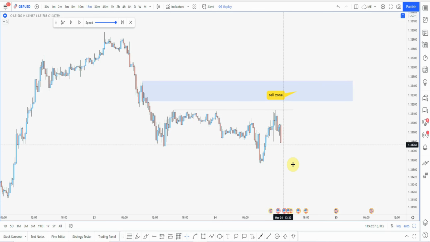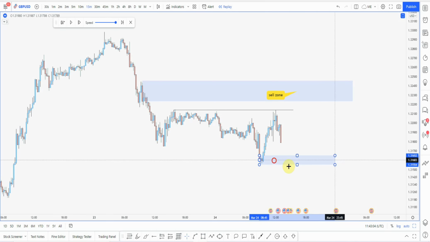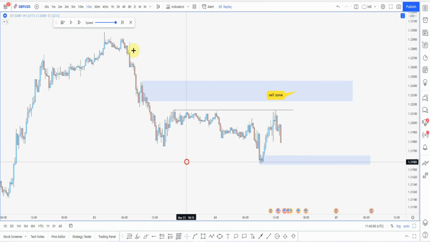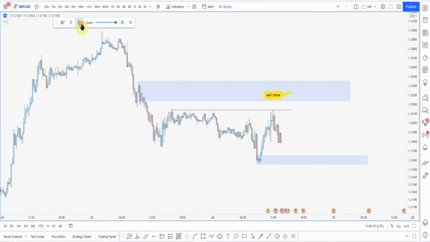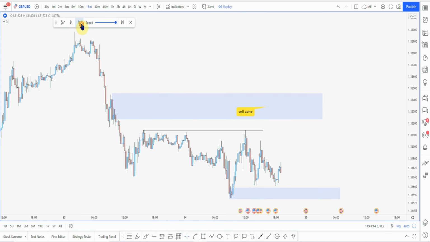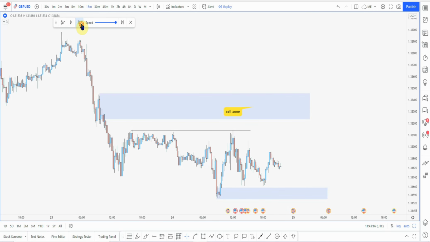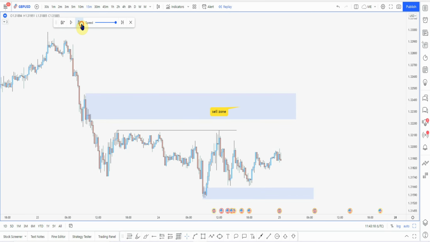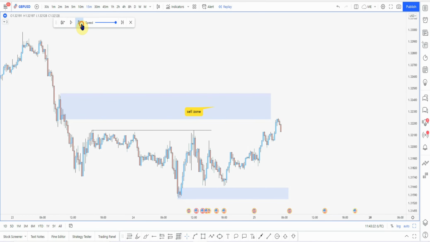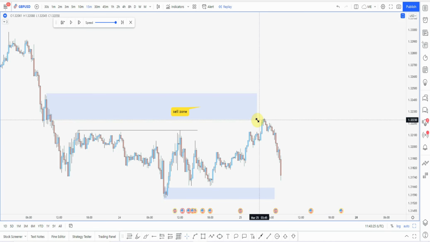I had an opportunity to enter here, but at that point of time this low is not a strong low. Okay, see market tap that region and then fall.